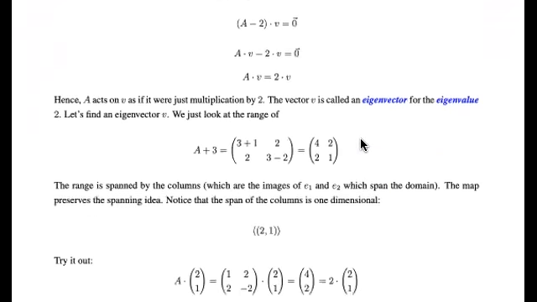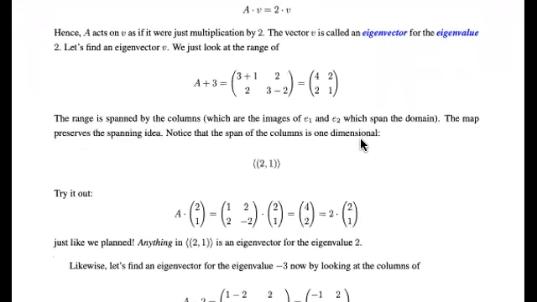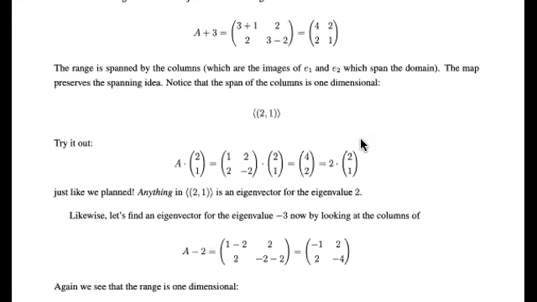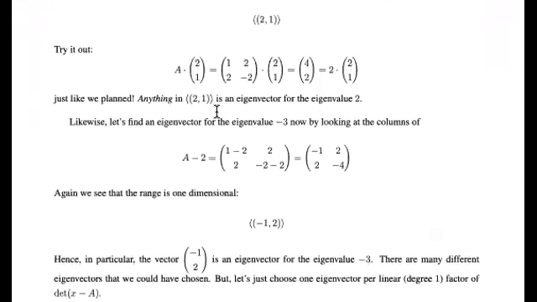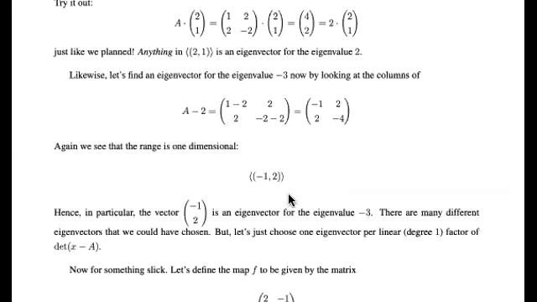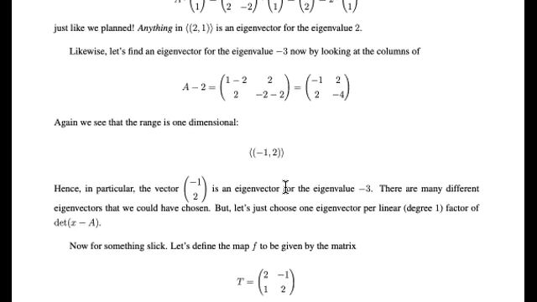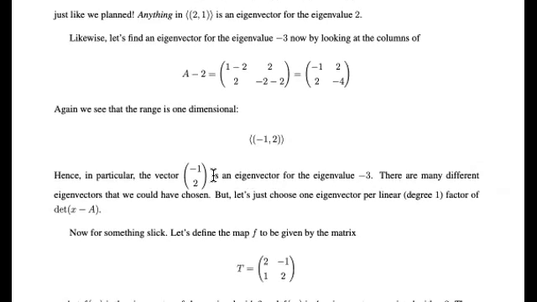So in this particular case, we look at the range or the output of A minus 2, and that's just the span of the columns. Notice the span of the columns is the same thing as the span of this one vector right here. So this one vector right here is an eigenvector for the eigenvalue of negative 3.